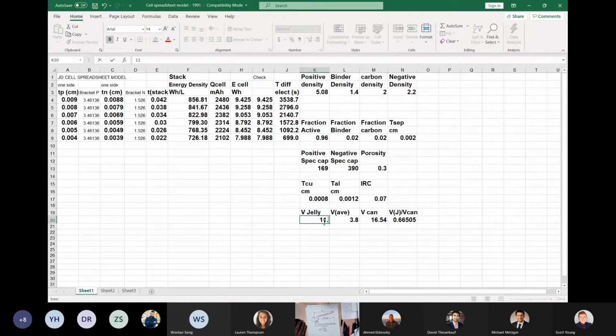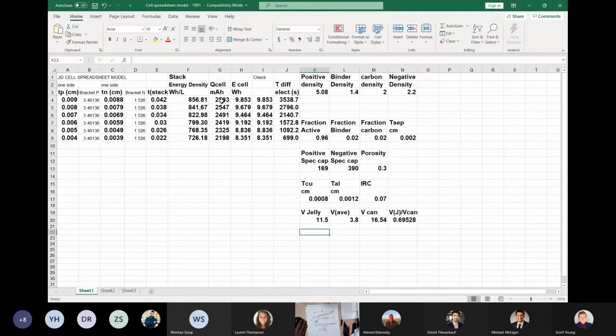A typical good number is 70% of the volume of the can is filled with the active material, okay? So this gets you up to about 2,600 milliamp hours for an 18650. And this is what you do, right? You just pack more material in the can and things become better. So how do you get to 4 amp hours?